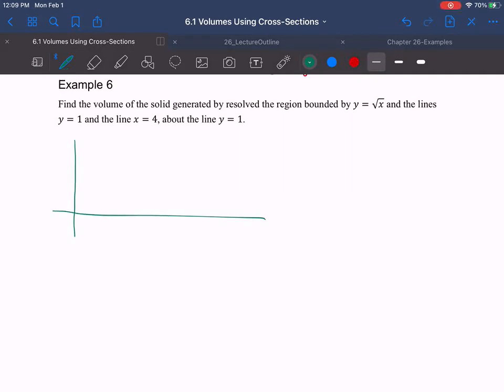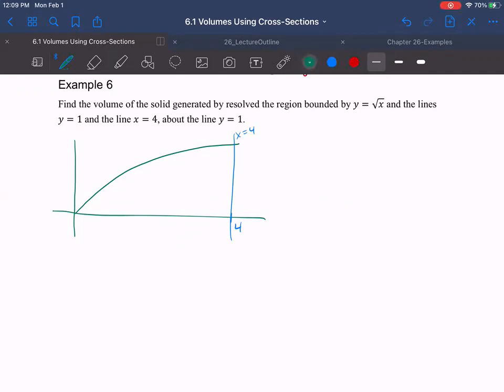So we have that same square root function, right? But this time we want it bounded by the line x equals 4. This is x equals 4, bounded by that and y equals 1.